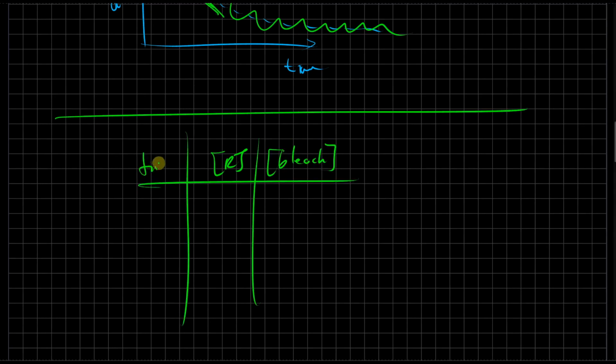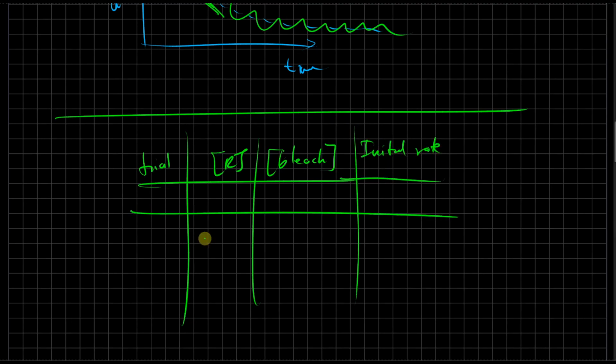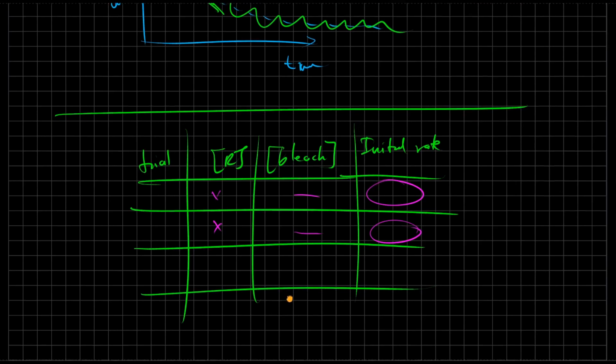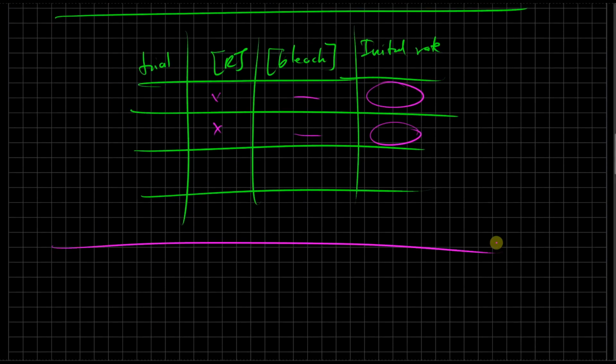So we'll have a few trials, and for each we'll get the initial rate, and we'll pick two of the trials where the red 40 concentration stays the same, but the bleach concentration changes, right? And from that, we will use the initial rate and we'll solve for B, which is the rate order of B, which you've done before in our previous lab.